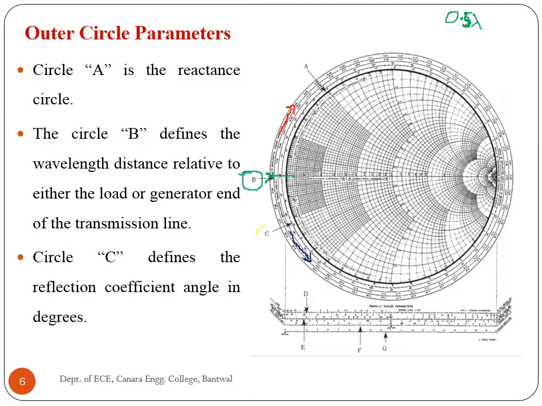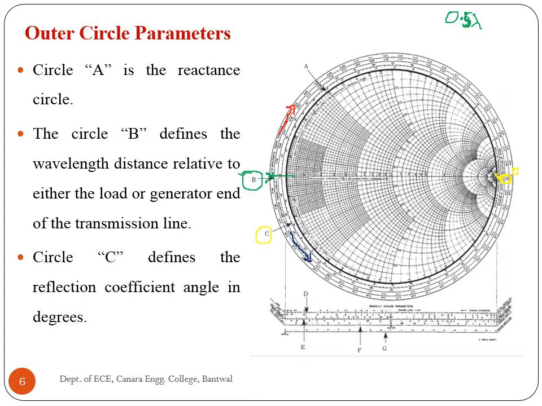Circle C defines the reflection coefficient angle in degrees. The scale starts at 0 degrees on the right hand end of the pure resistance line, which corresponds to an infinite resistance, and it goes halfway around the circle to 180 degrees at the 0 end of the pure resistance line.